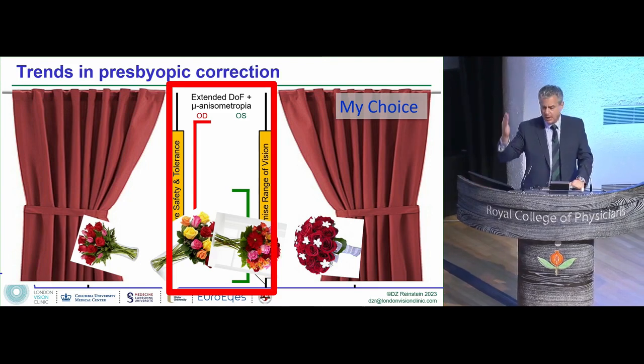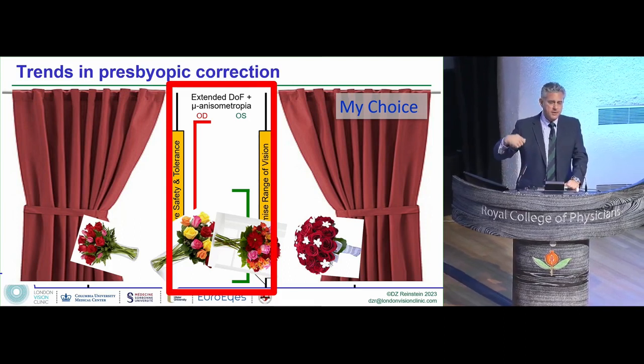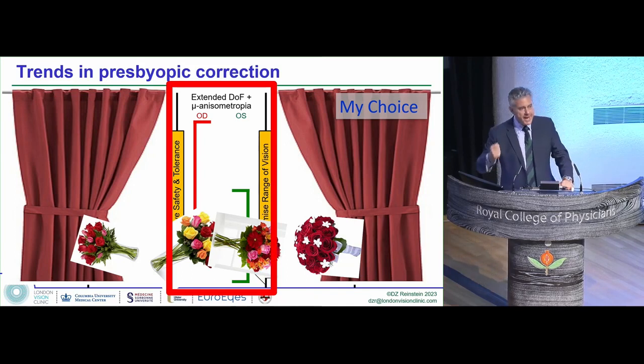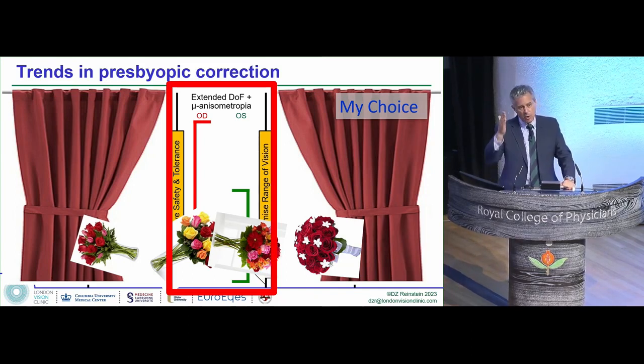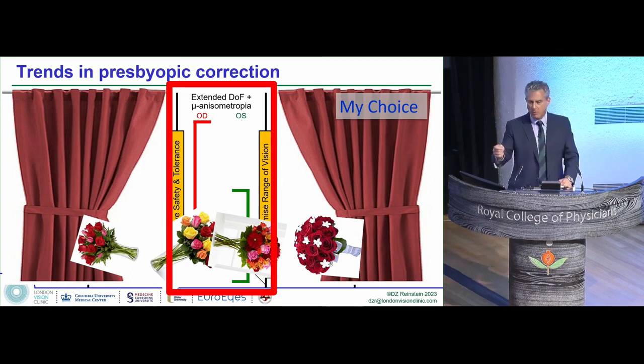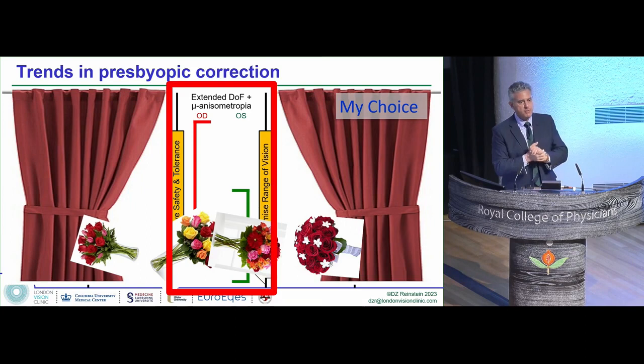Joaquin Fernandez published a phenomenally beautiful study showing that the probability of an unhappy patient with the Zeiss trifocal is much higher if the OSI is less than 1.5. So he actually gave you a number. If you measure the OSI and it's 1.6, the patient's going to be happy with the trifocal.